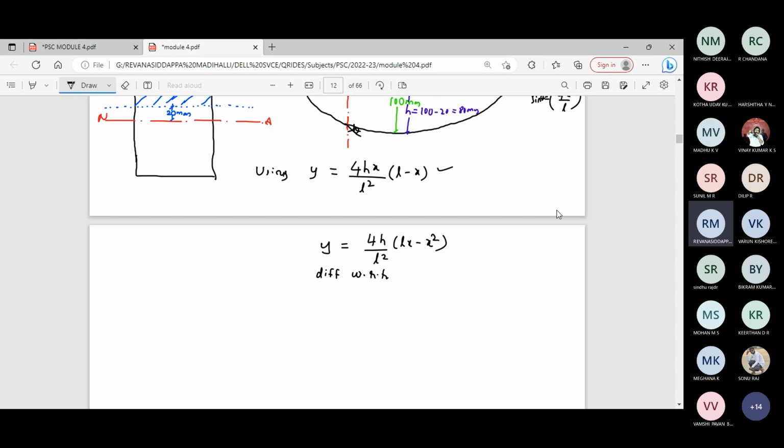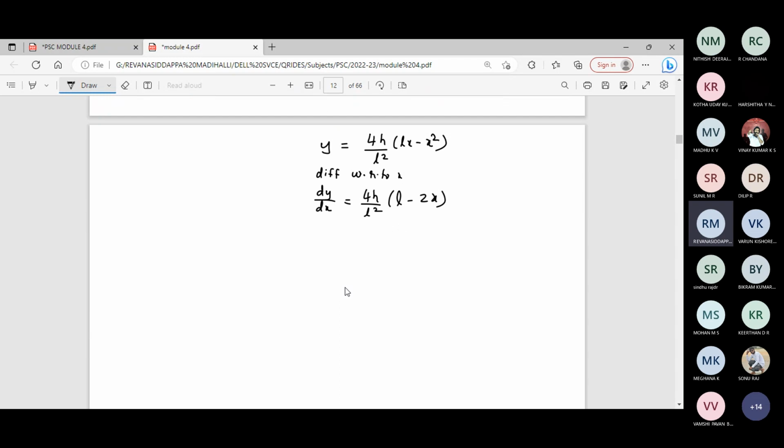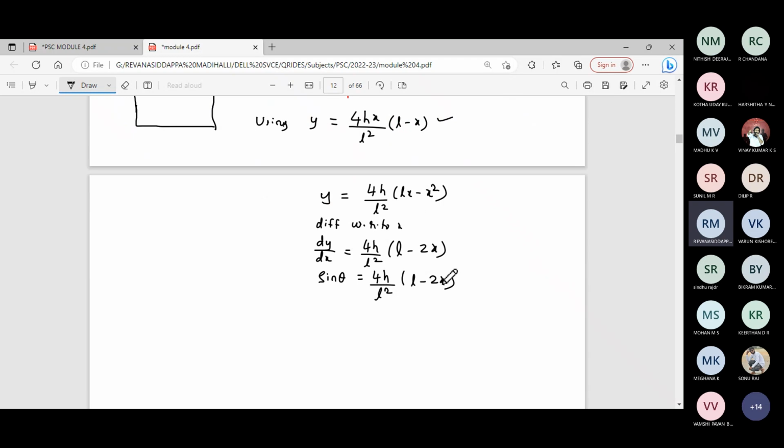Therefore, dy by dx is equal to 4h by L square into (L minus 2x). dy by dx is nothing but slope, and slope is nothing but sin theta. Sin theta is equal to 4h by L square into (L minus 2x). If you want the slope at a distance of 0.6 meters, substitute x equal to 0.6 meter in this equation.